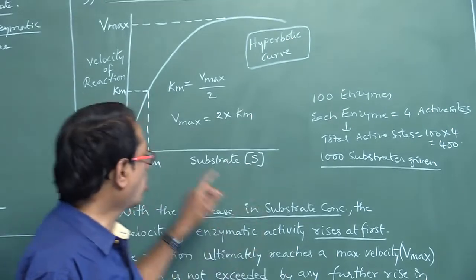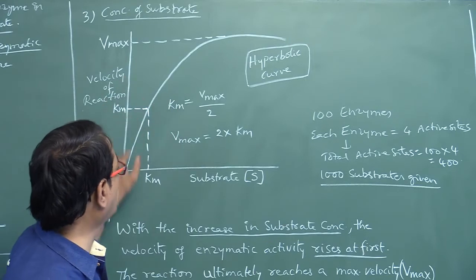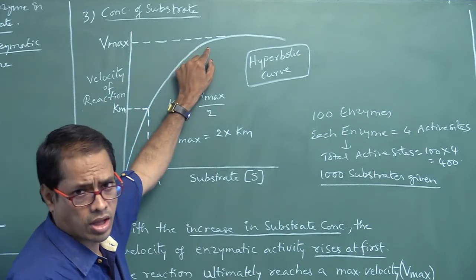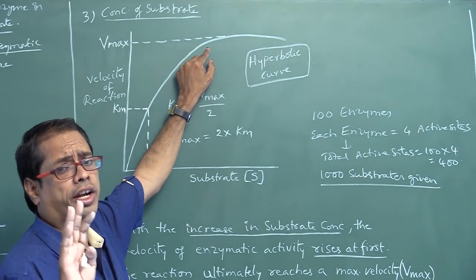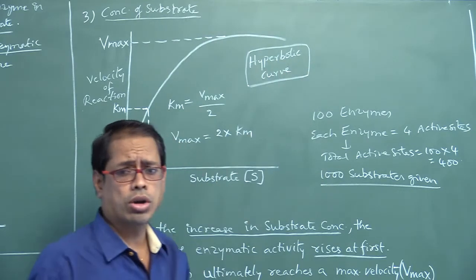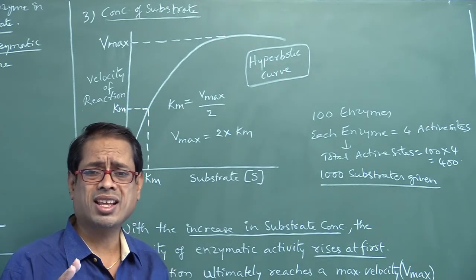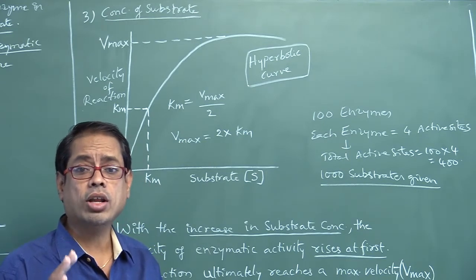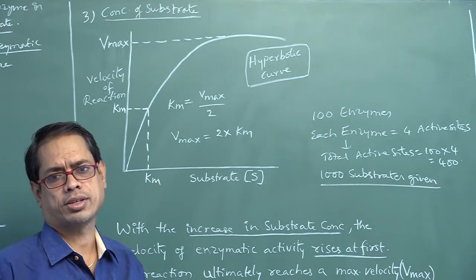So as the concentration of the substrate increases, the velocity of the reaction also increases at first, until all the active sites of enzymes are saturated. After that it becomes constant. Enzyme molecules are less in number when compared to substrates.